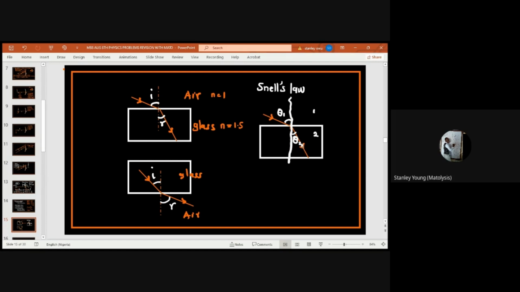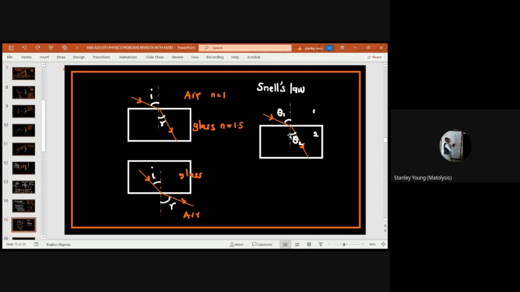They also meet at the same point, and they exist on the same plane. We can take that as the first law of refraction: the line of incidence and the line of refraction exist at opposite sides of the normal, they meet at the same point, and they lie on the same plane.